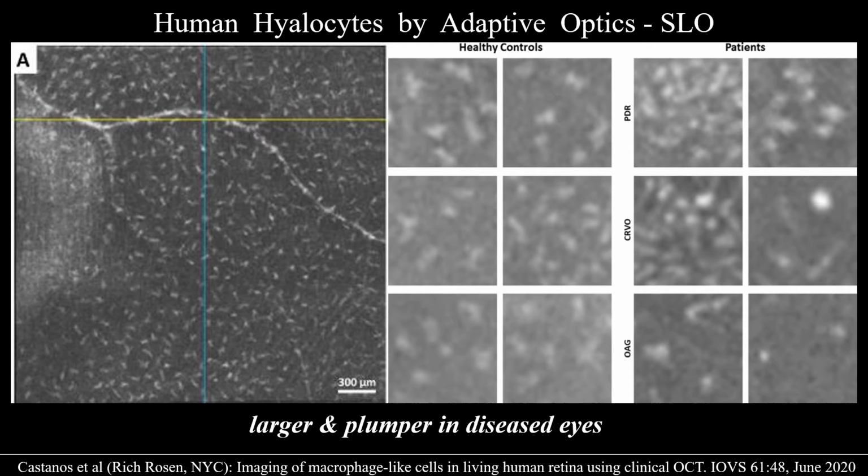Rich Rosen's group in New York has looked at diseased eyes with coronal plane imaging using adaptive optics scanning laser ophthalmoscopy, and has demonstrated that in diseased eyes from proliferative diabetic retinopathy in the upper panel, central retinal vein occlusion in the central panel, and open-angle glaucoma in the lower panel, the hyalocytes appear to be plumper and larger.